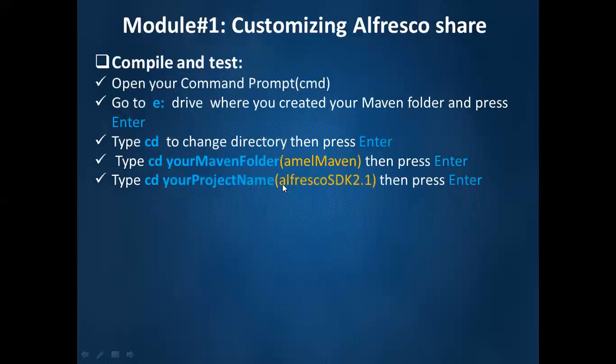My project name is Alfresco SDK 2.1, so I will write cd space Alfresco SDK 2.1 and press enter. Type the command mvn space install space minus P capital, run, then press enter.